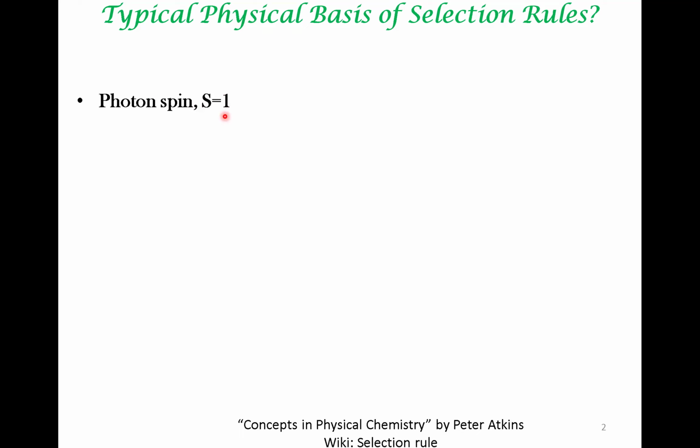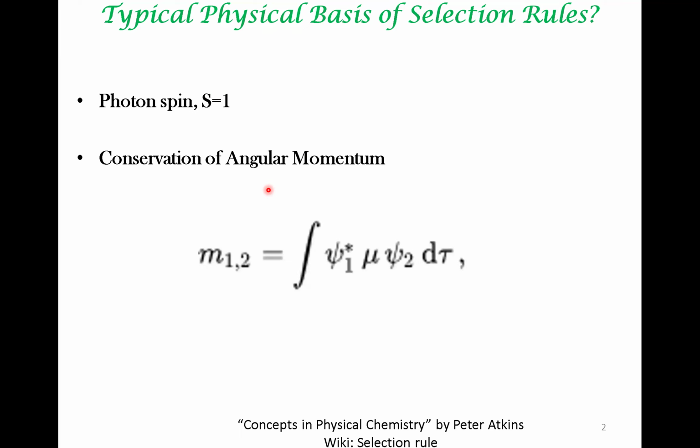And because spin is a form of angular momentum, this has to be conserved when photon is taken up by the system or photon is emitted by the system. So conservation of angular momentum is the central physical aspect that provides the constraints of selection rules in a variety of spectroscopies.